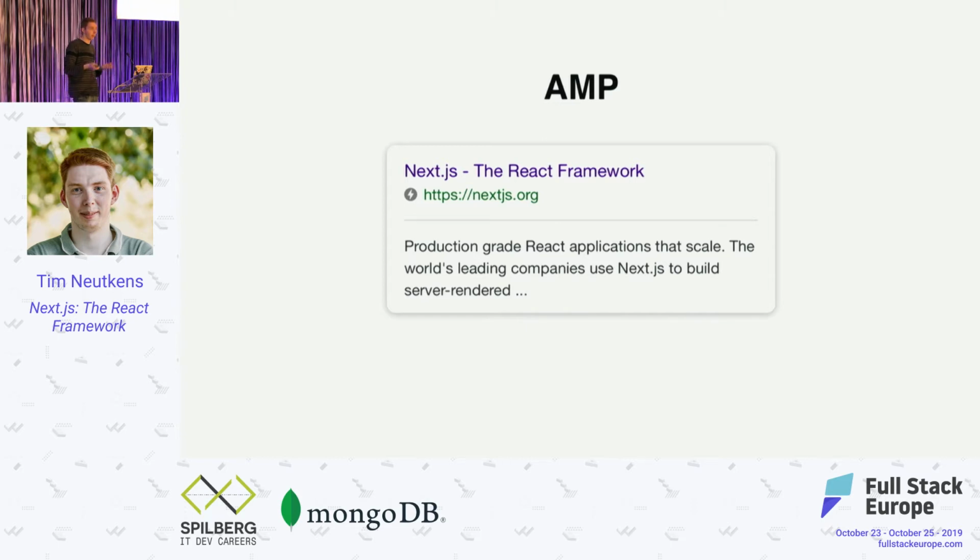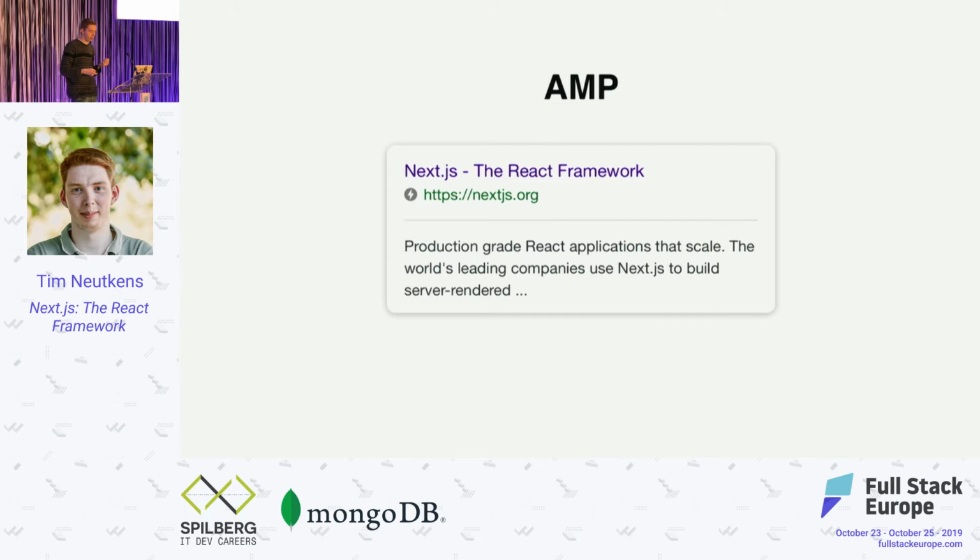This lightning icon means that the page is actually supporting AMP. And what this means is it will load instantly inside of Google, because Google will actually execute the AMP rendered HTML. So AMP pages are discovered by search engines and rendered inside of search engines. Currently both Bing and Google support it.